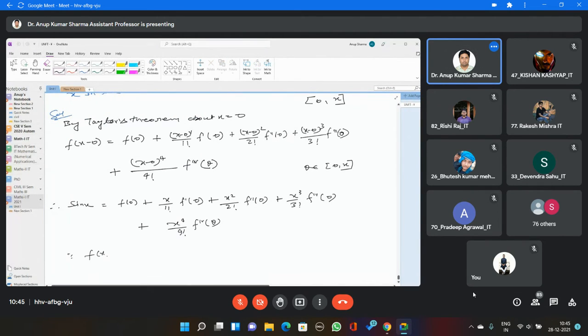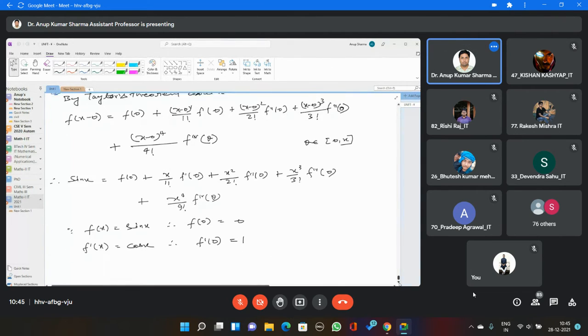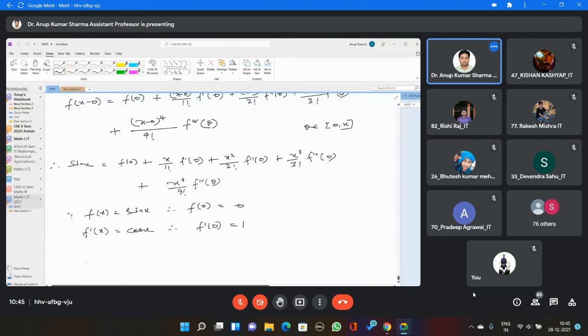Since f(x) is equal to sin x, therefore f(0) is equal to 0. f dash x is equal to the differentiation of sine, which is cos x. Therefore f dash of 0 is equal to 1. Okay, we have to put the values. f double dash x is equal to the derivative of cos, which is minus sin x. Therefore f double dash of 0 is equal to 0.